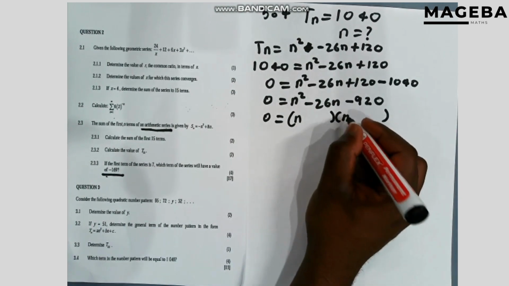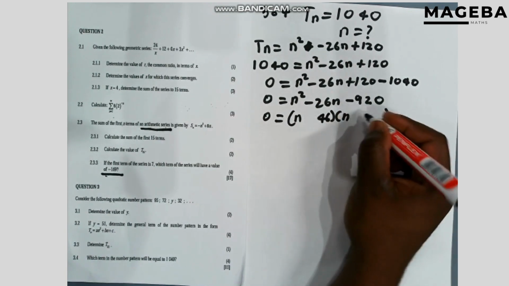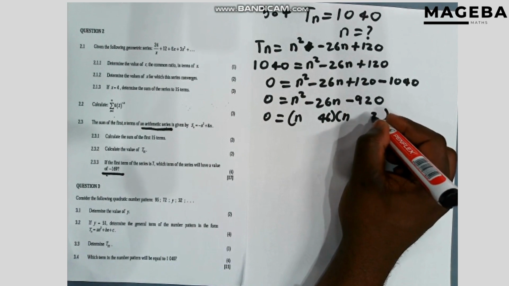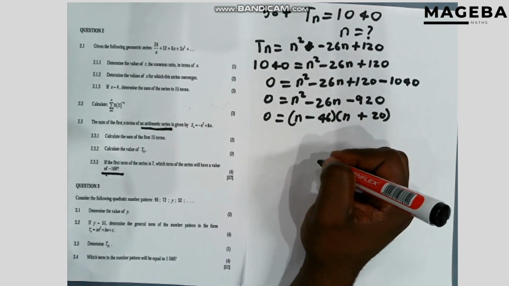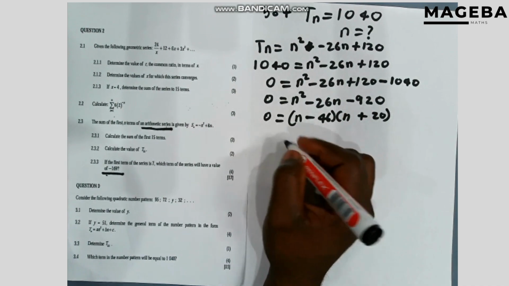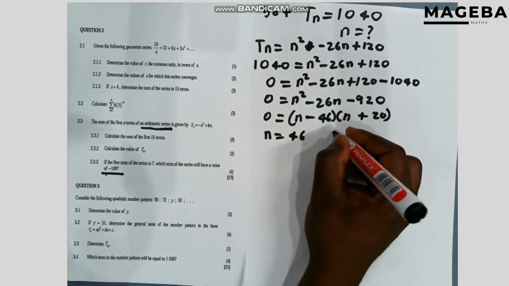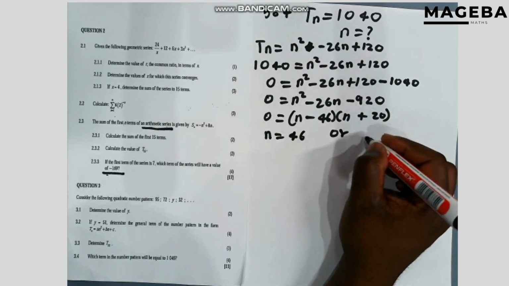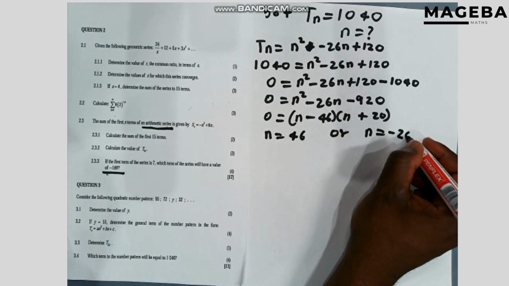So my first factor will be 46, and the other one will be 20. This one will be positive, this one will be negative. Then solving for n, our n will be equals to 46, first one. Then the second one will be n is equal to negative 20.